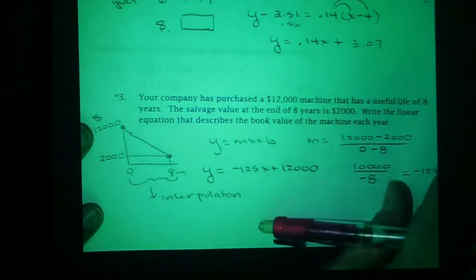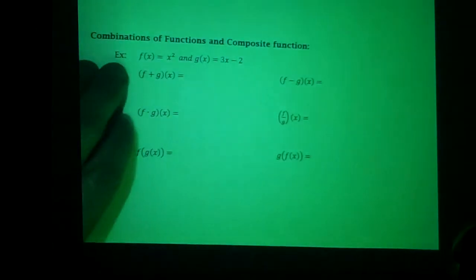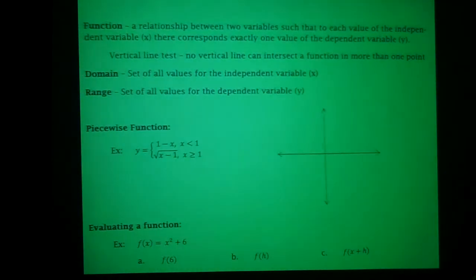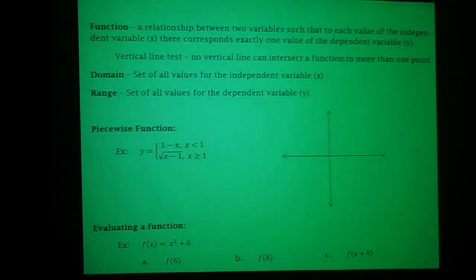All right, on the flip side of your page, we have some function notation that you need to have learned in Math 22. So if you have, you'll understand all of this, and if not, this will be a quick review. A function is a relationship between variables such that to each value of the independent variable, which is where we put on the x-axis, there corresponds exactly one value of the dependent variable, which we put on the y-axis.